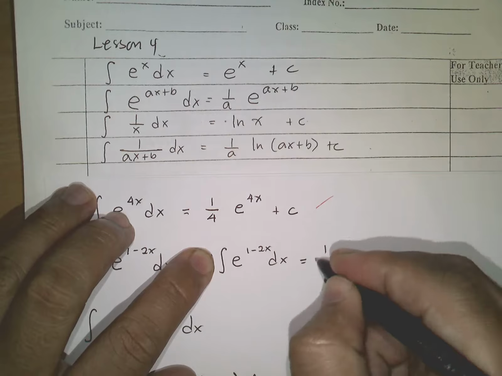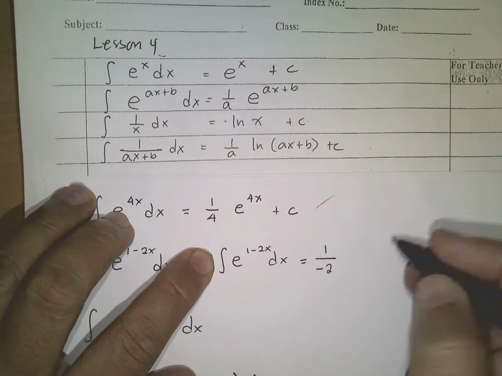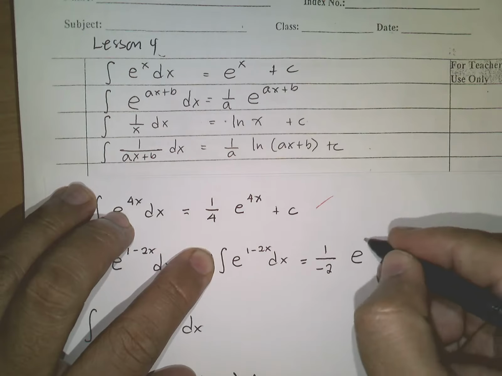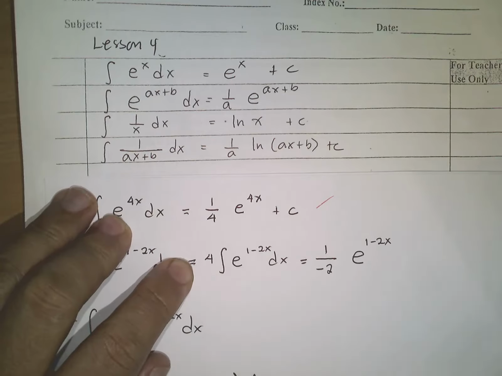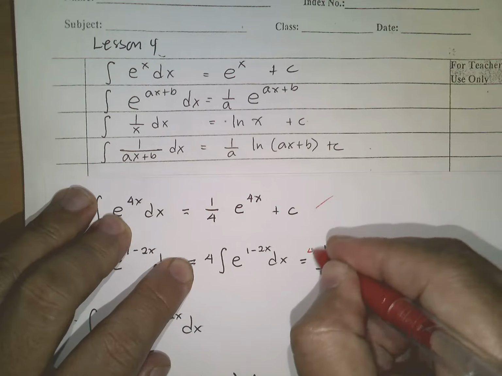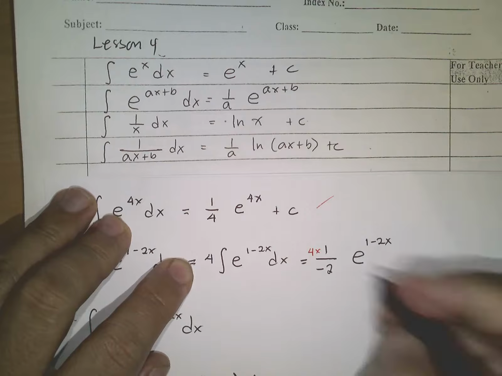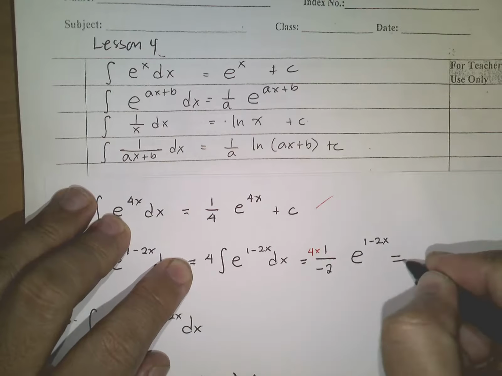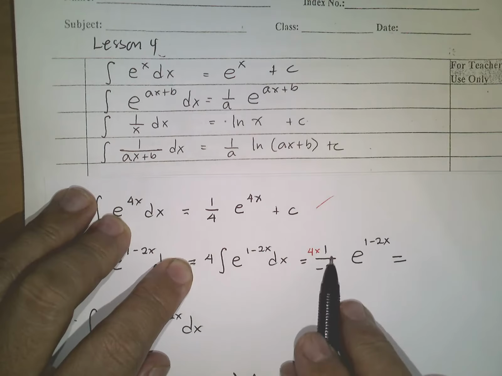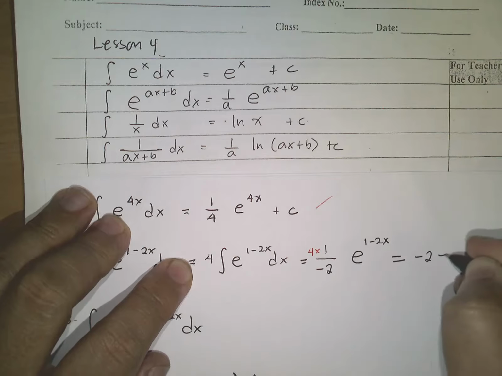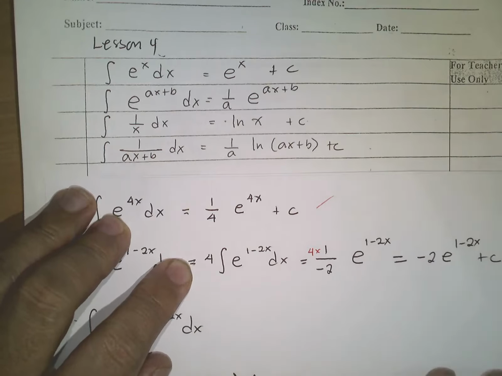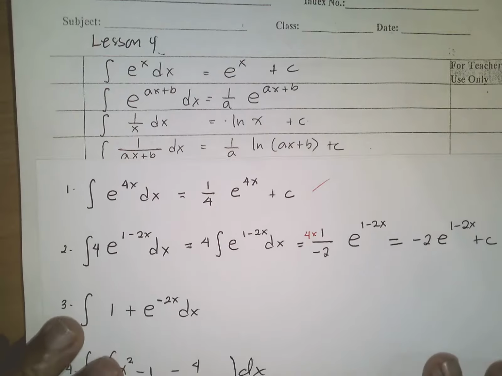So therefore it's 1 over negative 2 e raised to 1 minus 2x, and then you have times 4 in front. So you just multiply this by 4. So 4 times 1 is 4, divided by negative 2 is negative 2. So negative 2 e raised to 1 minus 2x, and then just add the arbitrary constant c.